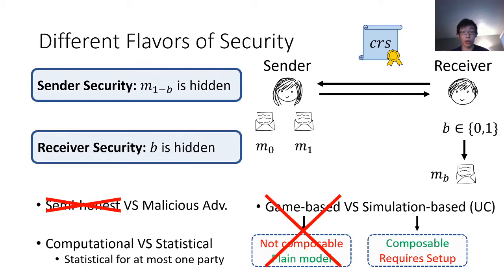In the case of oblivious transfer, we cannot hope for a scheme that is information theoretically secure for both sides. But we can still hope to provide this for at least one party. So in this work, we'll mostly focus on getting the best we can hope for in those settings, in those strong security notions.